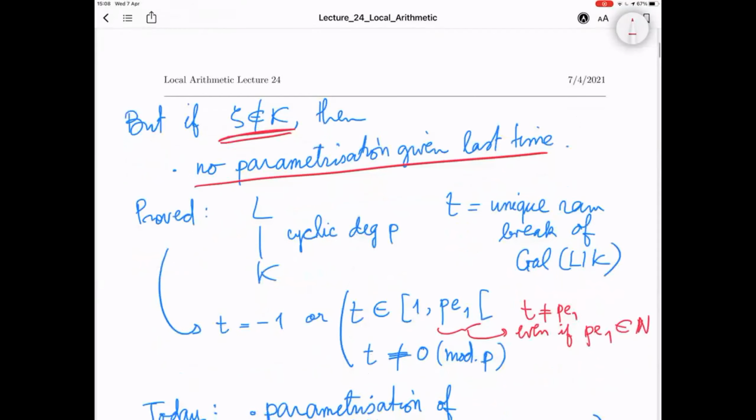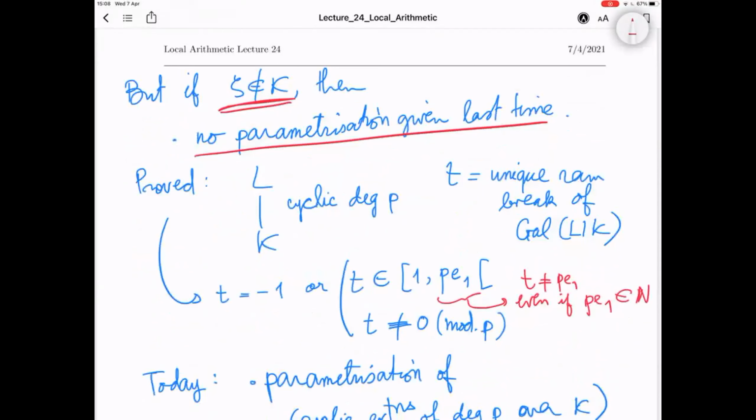We need to do such a thing, because as such, we don't even know whether this K, which doesn't contain a primitive pth root of unity, has any cyclic extensions of degree P at all.